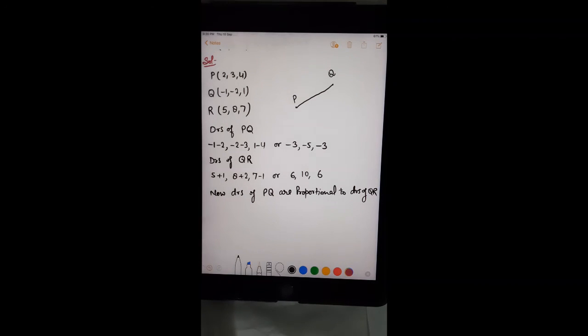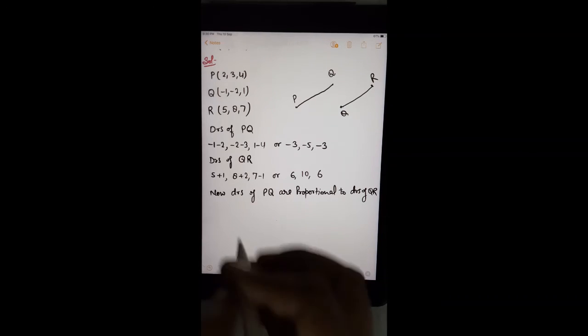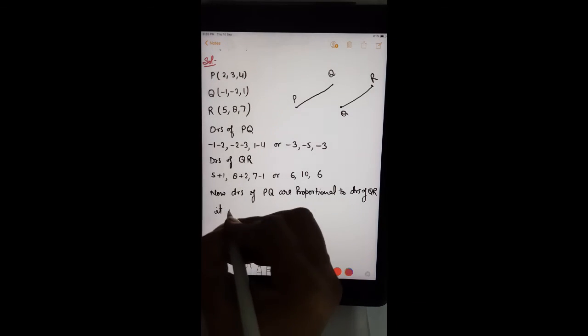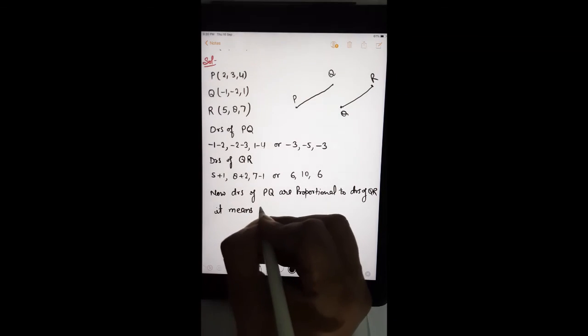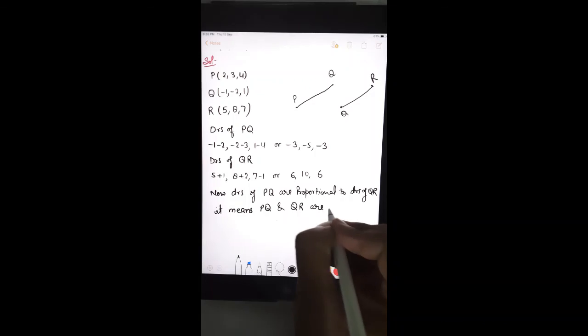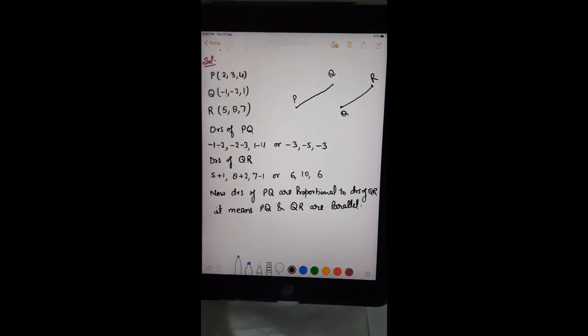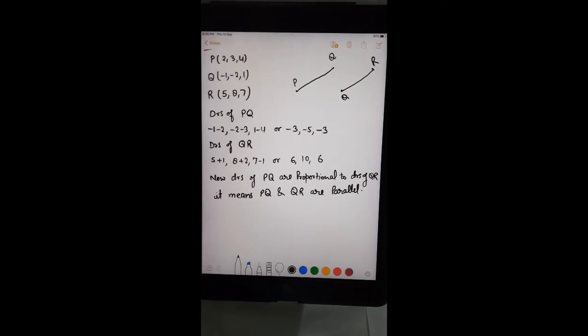It indicates that PQ and QR are parallel. But if two lines are parallel and one point is common, because Q is the common point on both lines, it means both lines coincide.